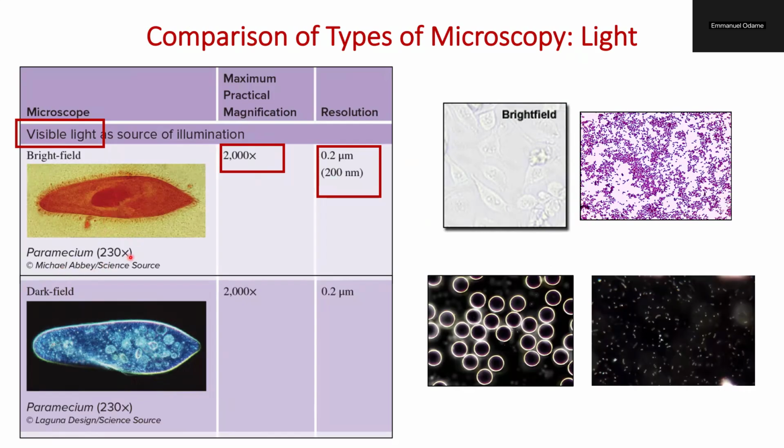And we have the dark field, where everything else is dark except the paramecium itself for you to be able to see. And over here is a clear example of a bright field, where you see the organism, the cells, what is within it, but everything is so bright that the background is a bit brighter too.